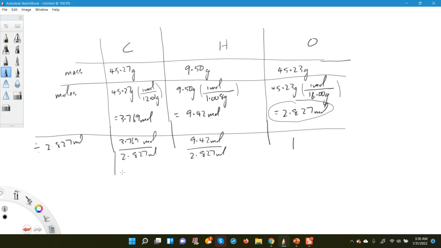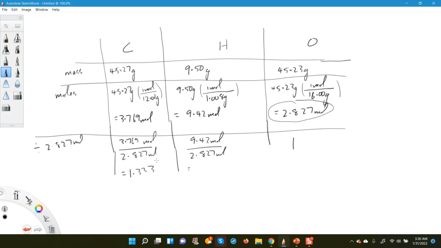So let's work out the ratio for the carbon and the hydrogen. 3.769 divided by 2.827, rounded off to 4 sig figs, gives 1.333.